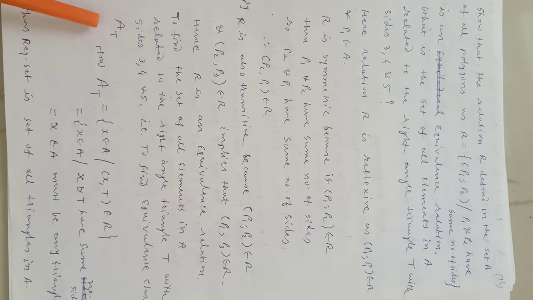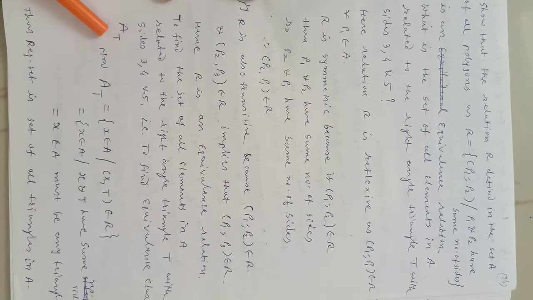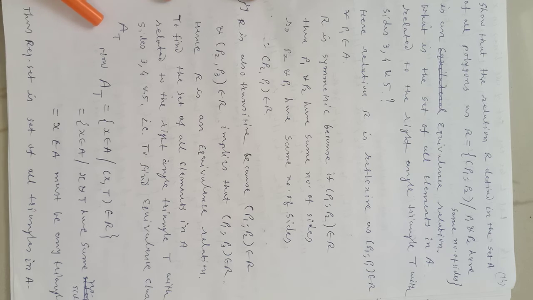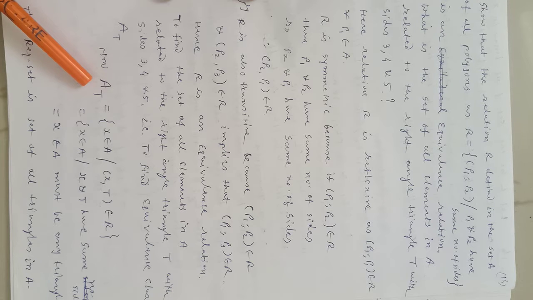If you remember, we discussed last time what an equivalence class is. The equivalence class of T we denote by A_T, or bracket T. Try to remember the equivalence class definition.